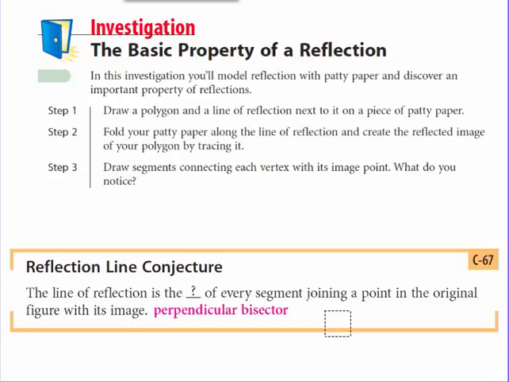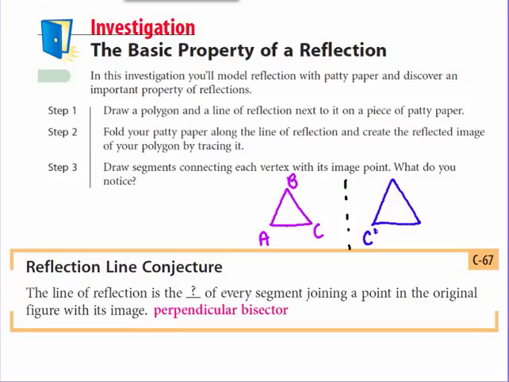All right, now, just a little tidbit. When we draw a figure and its image, if I draw a figure here, I would call this figure ABC, right? And let's imagine I drew in a line of reflection here, and then I draw in this figure here. In order to draw its image, we use what are known as primes. They're little apostrophes. So this point would be C prime.